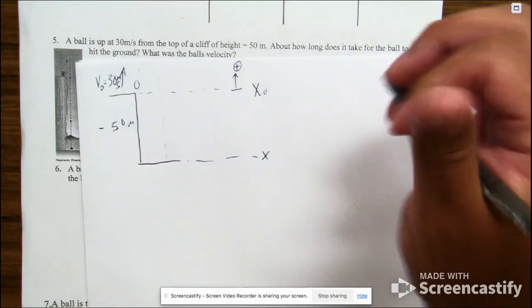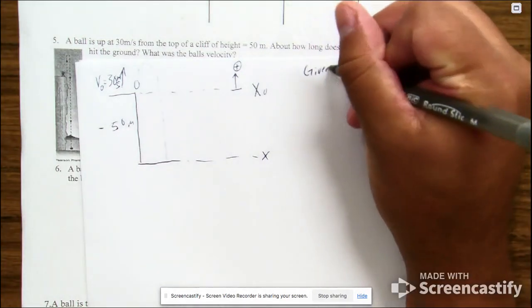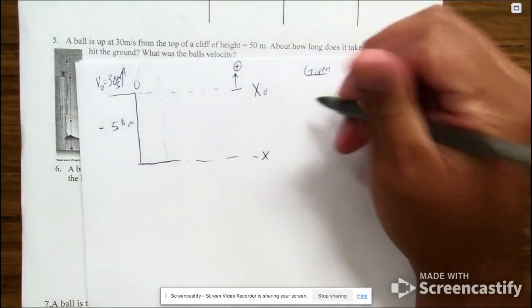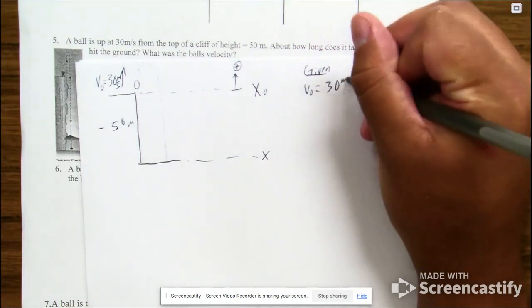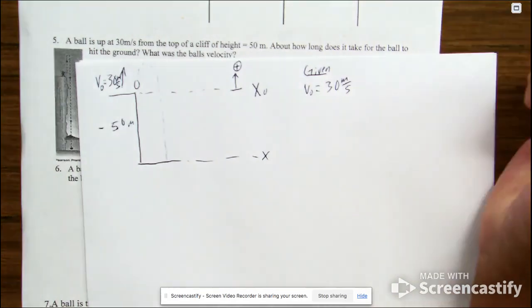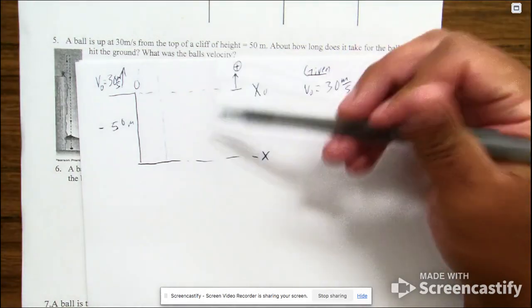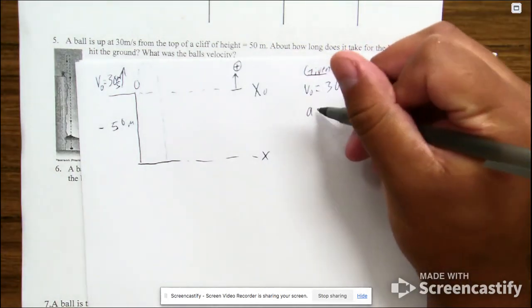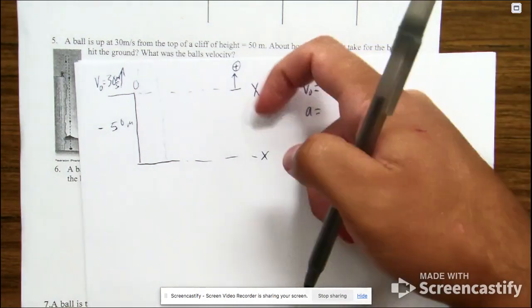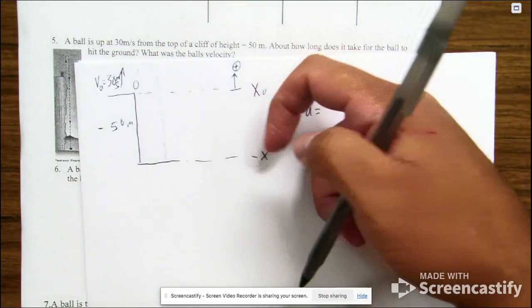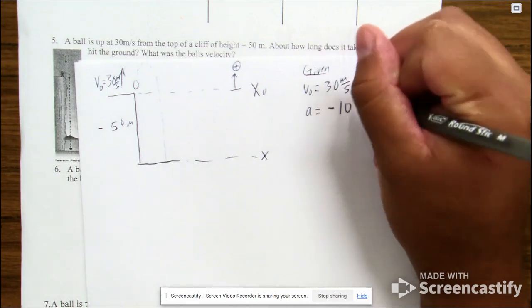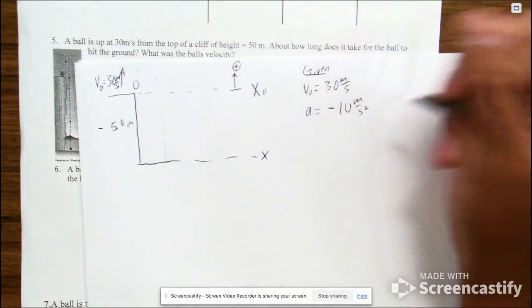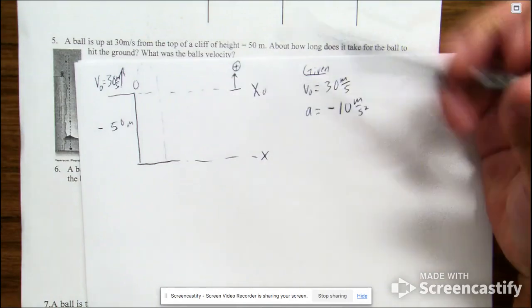Then I encourage you to write what's given. What do I know? I know the initial velocity is positive 30 meters per second. Since gravity is in effect, I know the acceleration is going to be accelerating this thing down at 10 meters per second per second, so I'll say negative 10 meters per second squared.